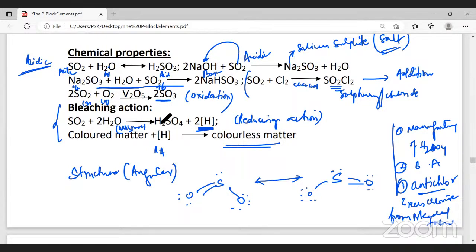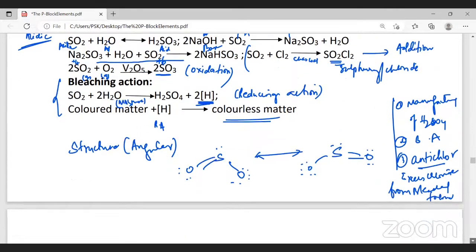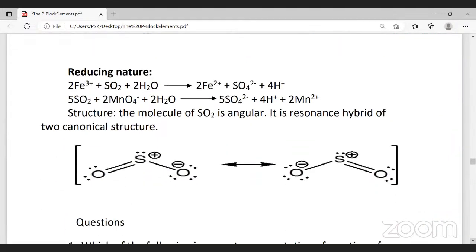From the bleached fabric, if you have excess chlorine, that excess chlorine can be removed by sulfur dioxide, and that property is called anti-chlor. Remember this anti-chlor, because we don't know from where the objective questions can be asked. 1 mark questions can be asked.